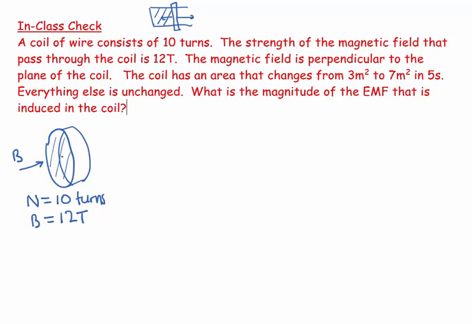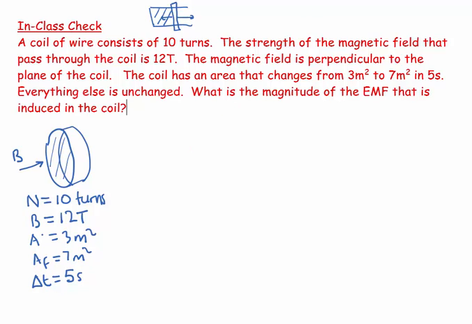I've drawn it as a coil, but we can imagine. So the initial area A initial is equal to 3 square meters, and the A final is equal to 7 square meters, and the time that takes is 5 seconds.